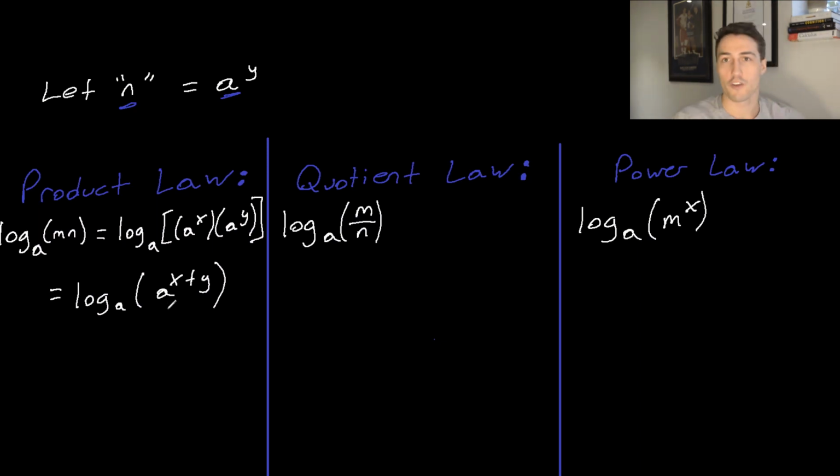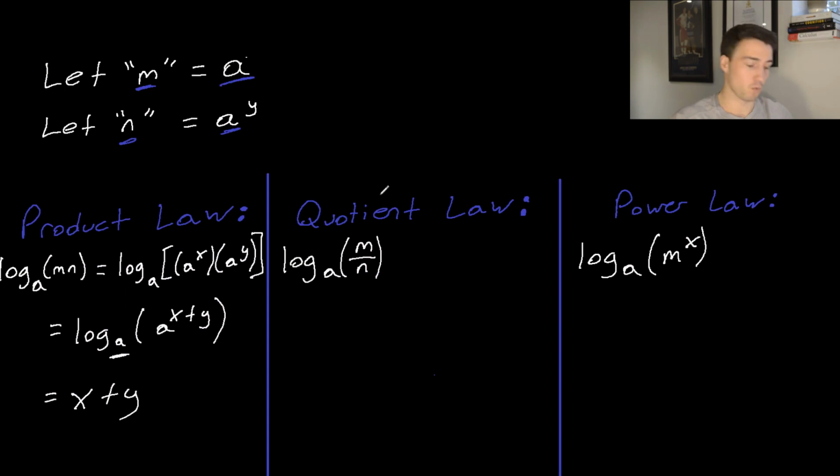And note what a logarithm really is. If we read it like an exponential expression, we're saying, to what power must I raise a to get a to the power of x plus y? So log base a, a to the power of what equals a to the power of x plus y? Well, of course, in this case, that would be x plus y. Now that we have x plus y, I can rewrite this form.